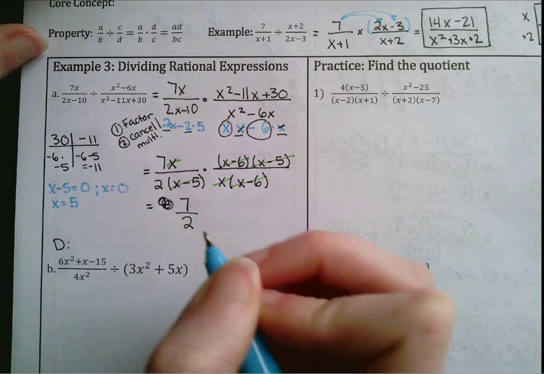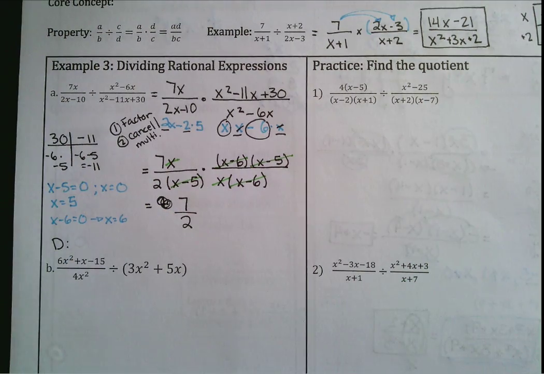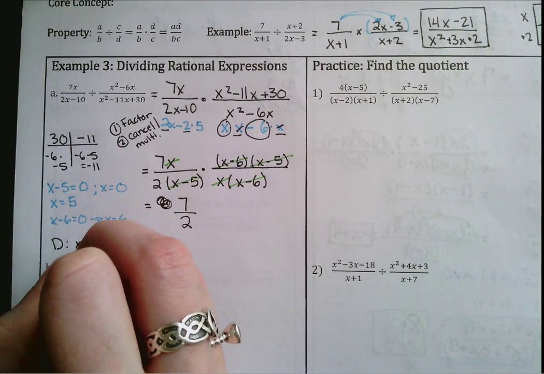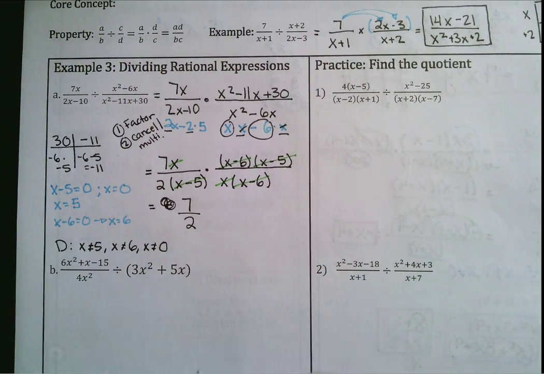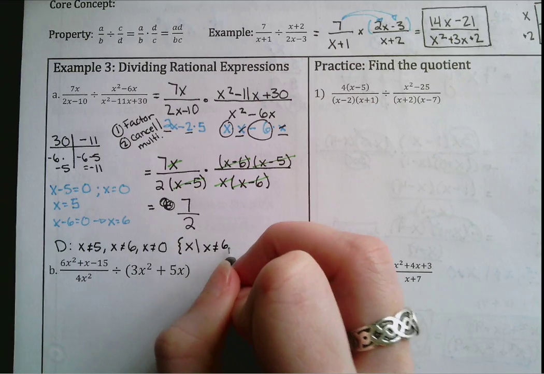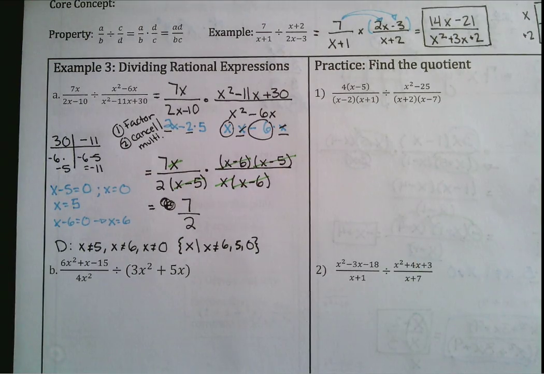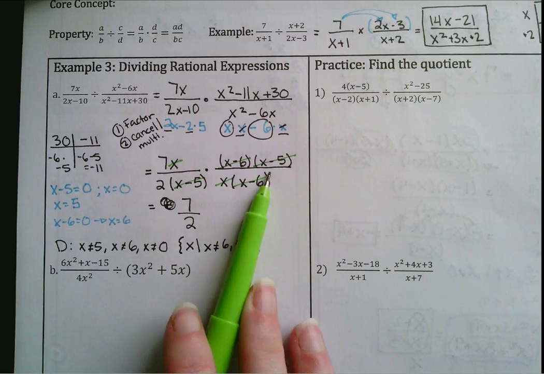The first thing is to take the reciprocal, like we did in our example. So I have 7x divided by 2x minus 10. Now we're multiplying instead. So we have x squared minus 11x plus 30, divided by x squared minus 6x.